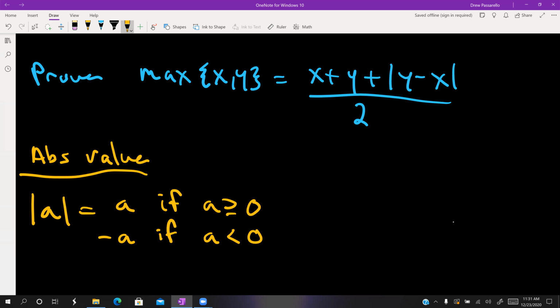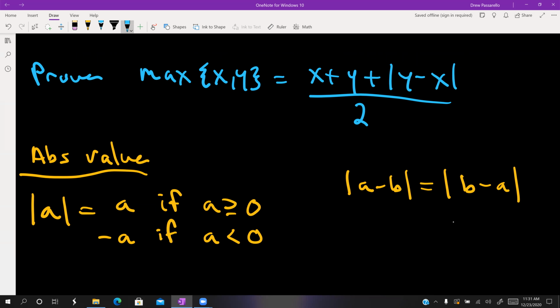Also, the absolute value of a minus b is equivalent to the absolute value of b minus a. It gives you the same thing. I figured I'd write those down because I will be using these two facts.